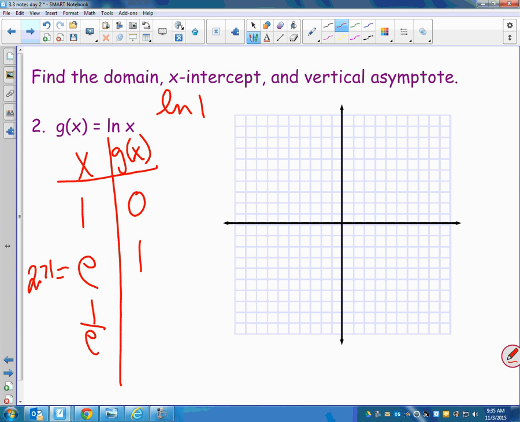And then 1 over e. I just want to pick that one just because I do that even when it's not e. As a decimal, 1 over e is like 0.4. But why did I do that? What do I get when I plug in ln of 1 over e? What does that simplify to?